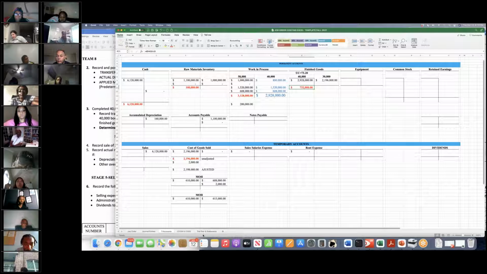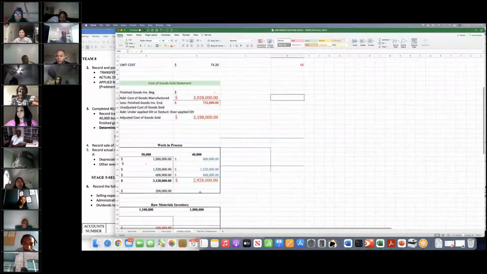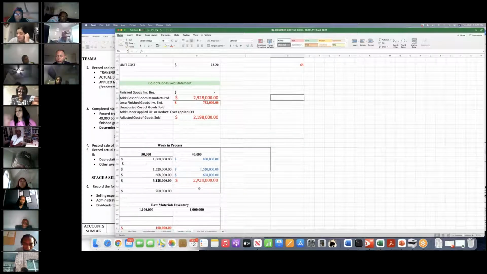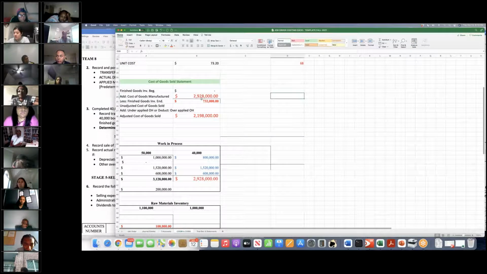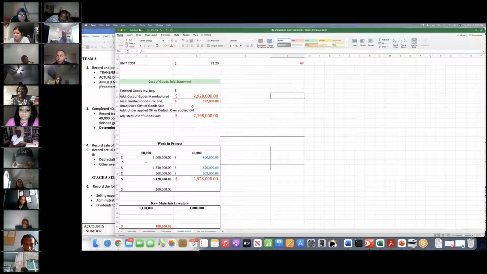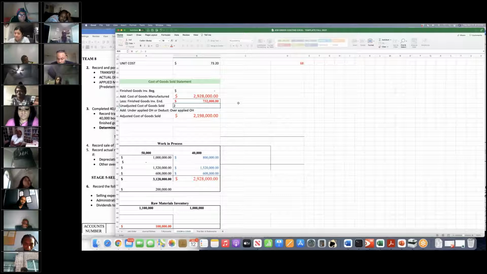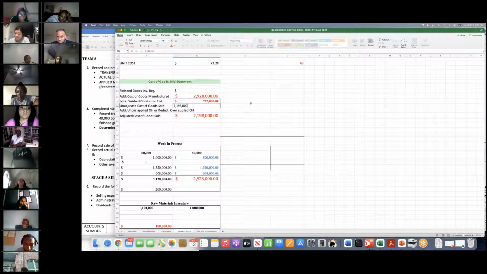And so when we go back to this statement, $732 from this equals what? Our unadjusted cost of goods sold, which should be what? $2,196,000. Is that correct?